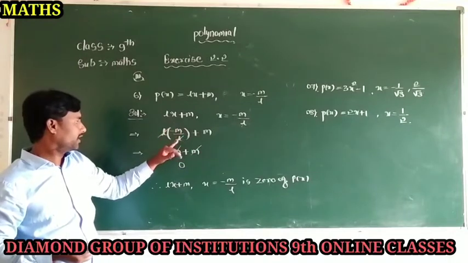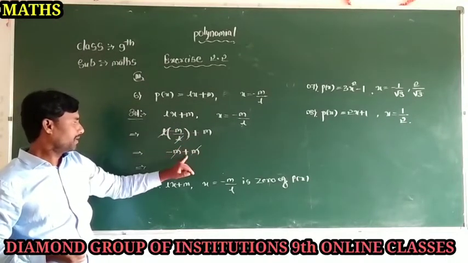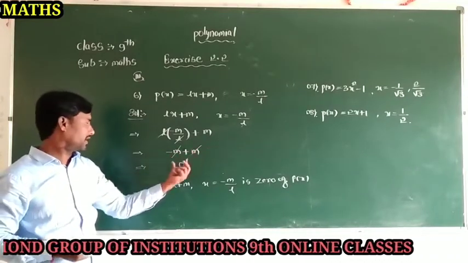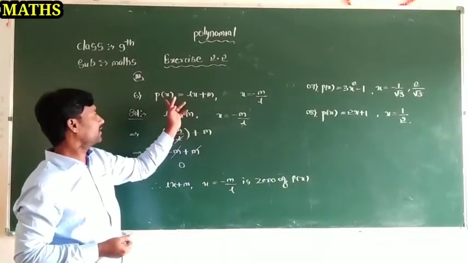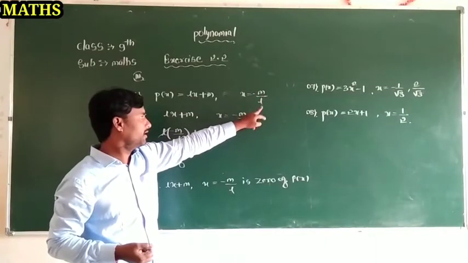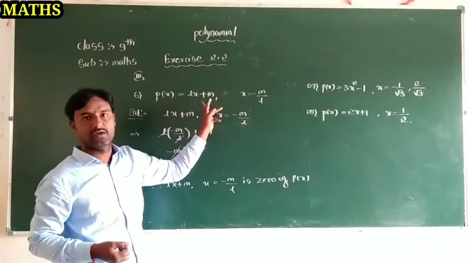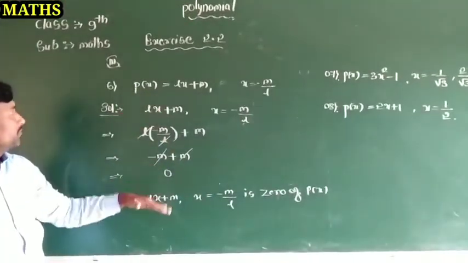Now I substituted here, so l and l get cancelled, plus m also as it is. So now positive and negative both get cancelled. Answer came here 0. So we can say that p of x at the given value x is equal to minus m upon l is 0, so it is a zero of the polynomial, dear students. Okay, I think you understood the sixth question.